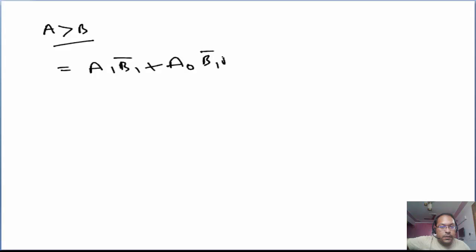For a greater than b, the expression is a1 b1 bar plus a0 b1 bar b0 plus b0 bar a1 a0.